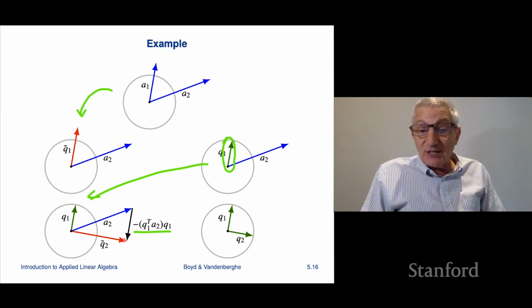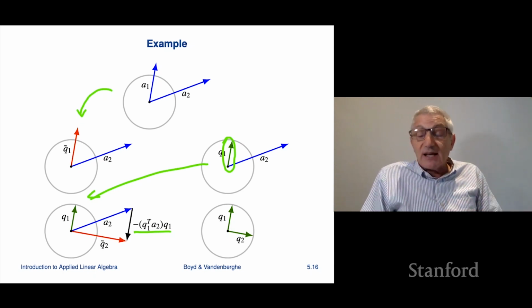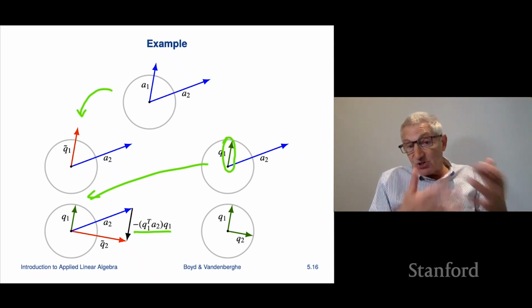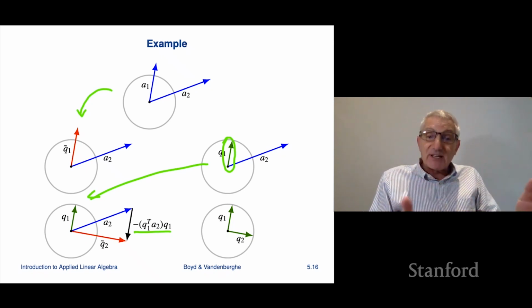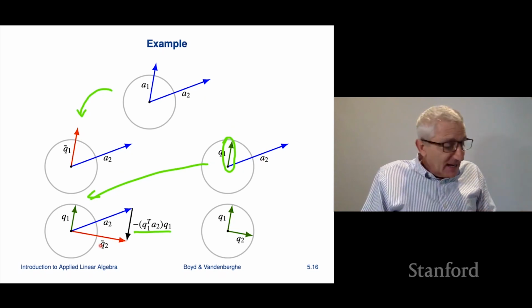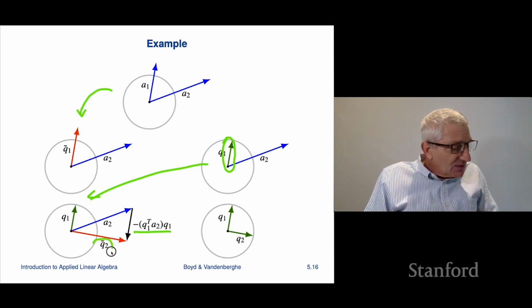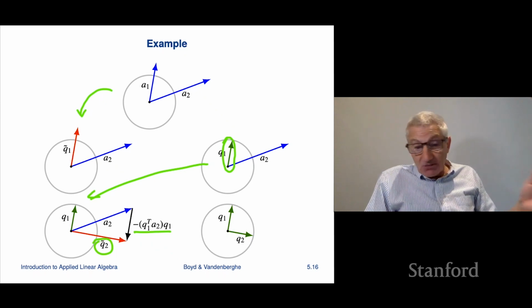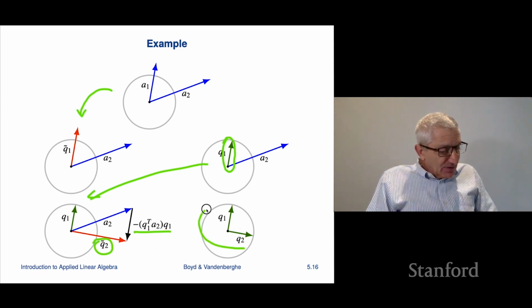Notice that Q2 tilde is orthogonal to Q1, because we're slowly generating a set of orthonormal vectors. At this point, they're just orthogonal, not normal yet. So we check if Q2 tilde is 0. It is not 0, and therefore we scale it to make it have length 1.